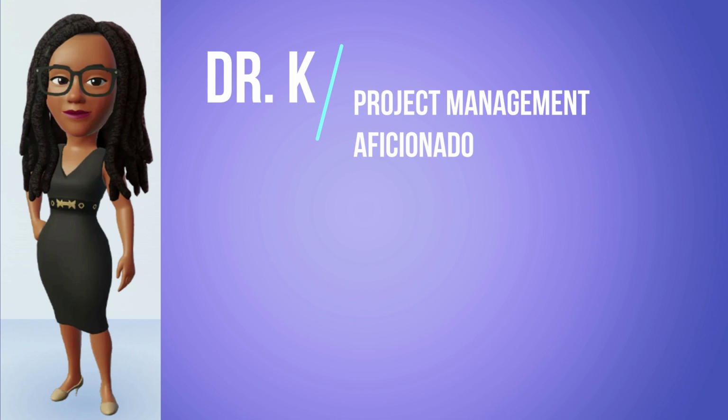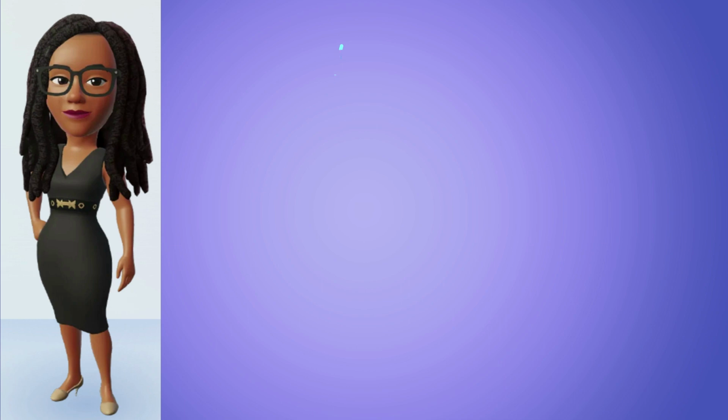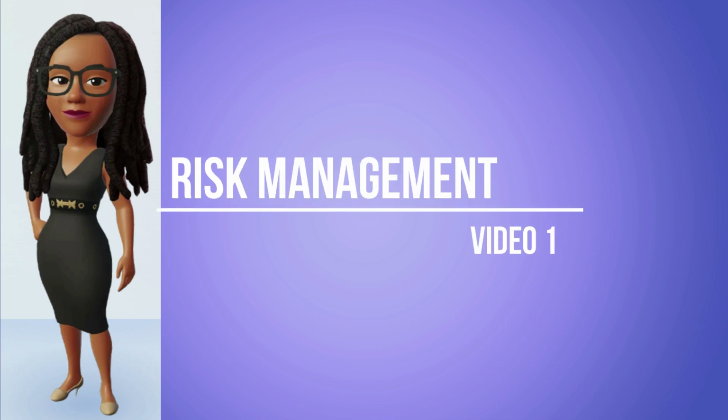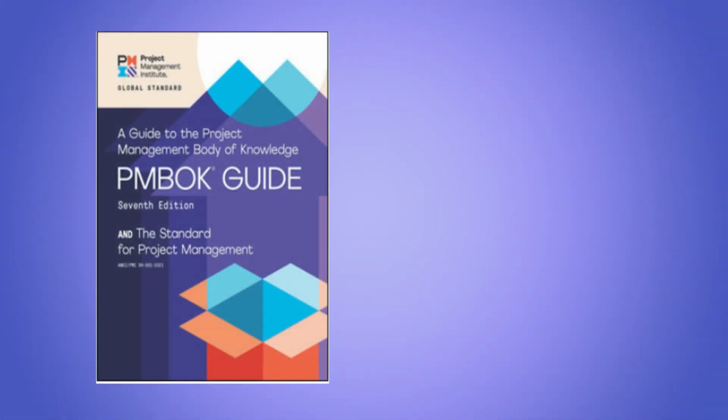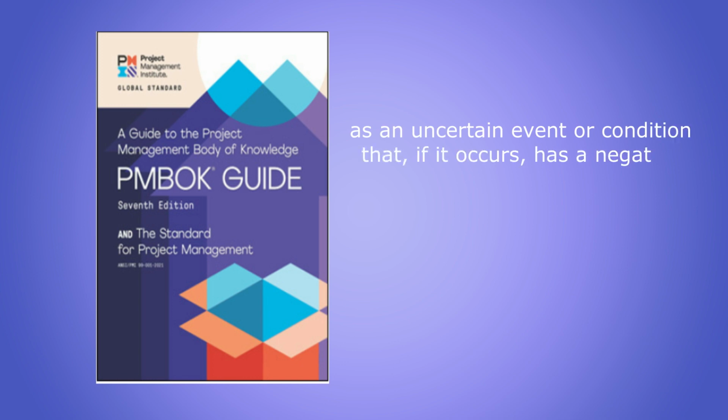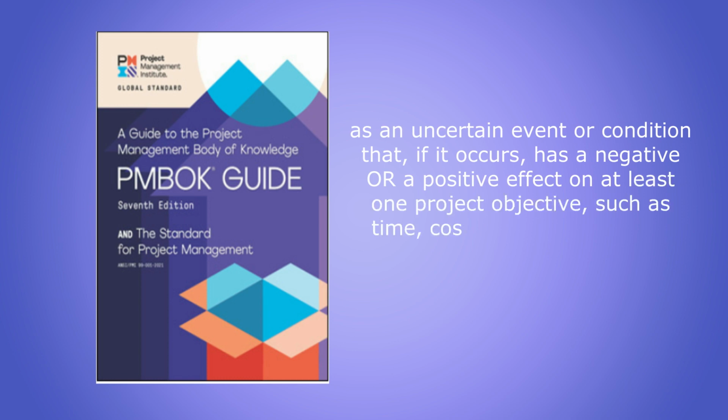This is the first video in a series focused on the critical project dimension of risk management. The Project Management Body of Knowledge, or PMBOK, describes a project risk as an uncertain event or condition that, if it occurs, has a negative or a positive effect on at least one project objective, such as time, cost, scope, or quality.